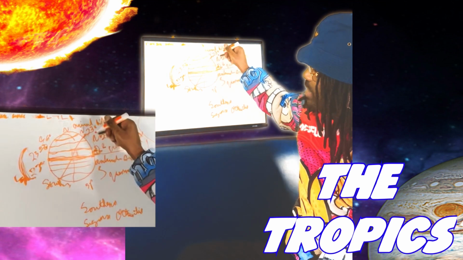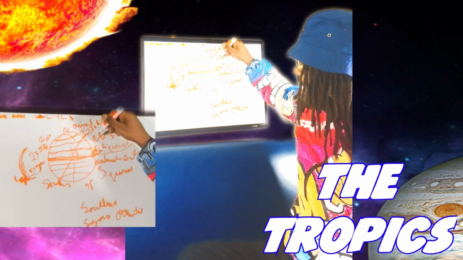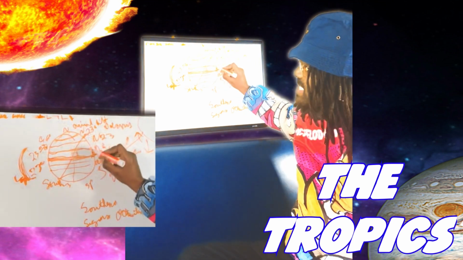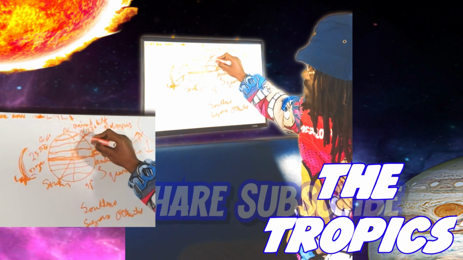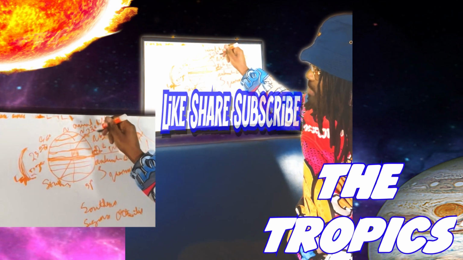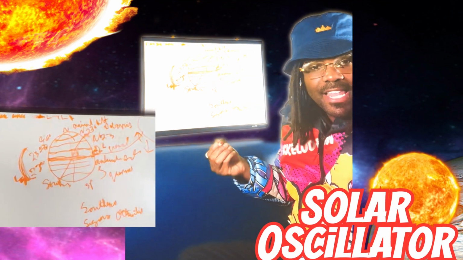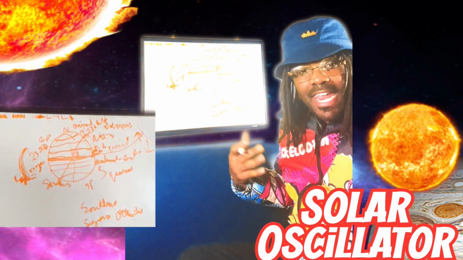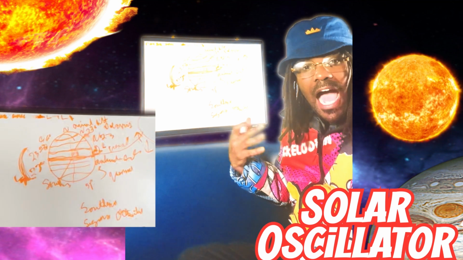The sun is going to the northern tropic of Cancer, and then in the northern hemisphere, this is the highest point that the sun can reach, 23 degrees, which is the tropic of Cancer. Then, think about it like an elevator or like a solar oscillator. In Astrostetics, we could refer to this as a solar oscillation.